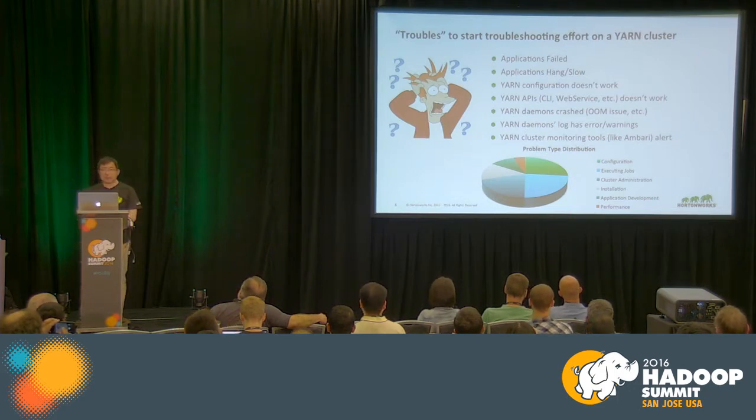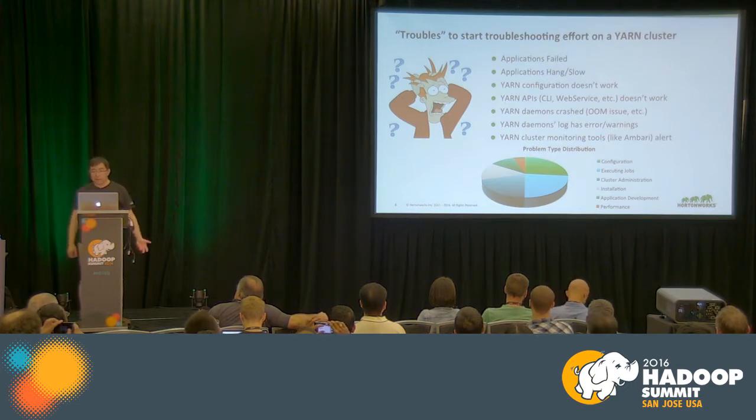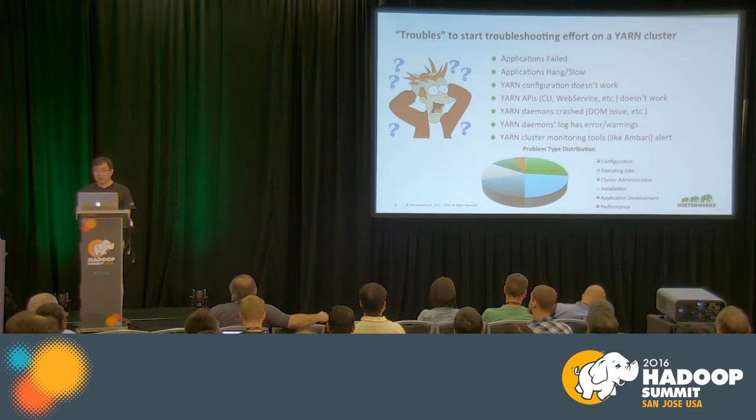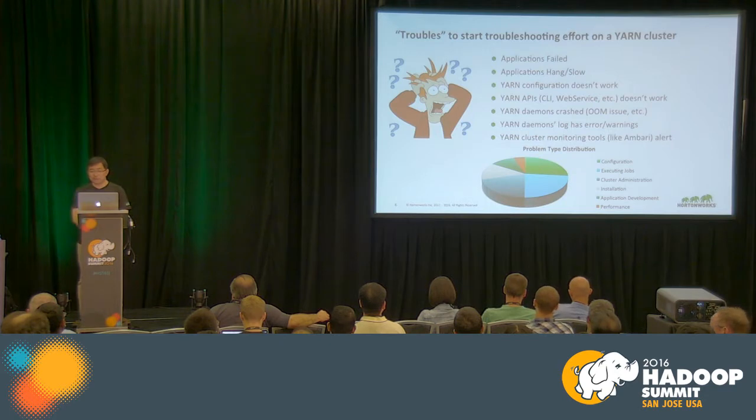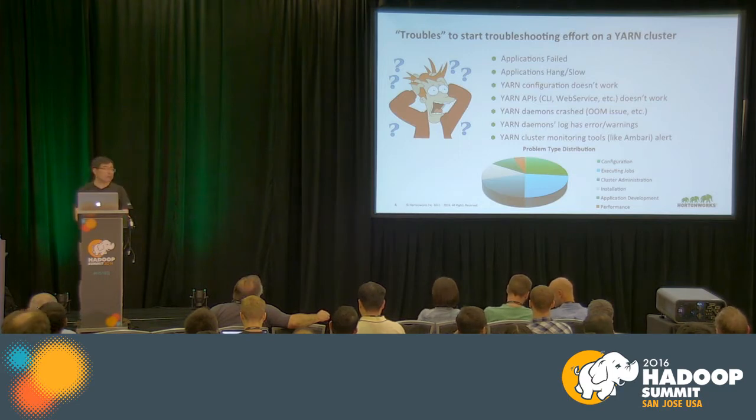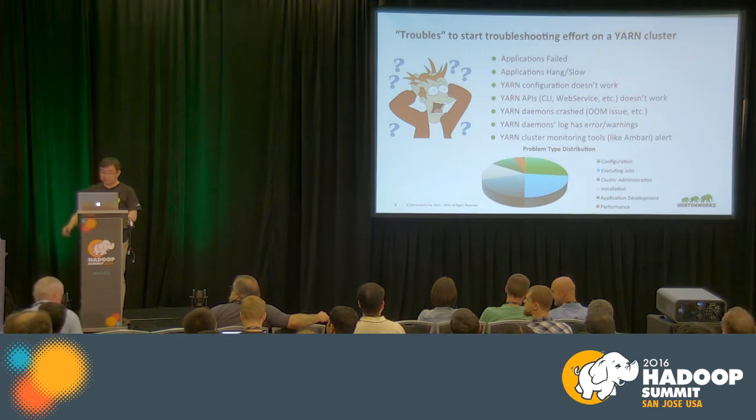In the worst case, you find the YARN daemons crash, for example due to an out of memory issue, or the logs have some warning or error messages that you are not comfortable with. Or Ambari or some other cluster monitoring tools raise an alert. In general, the problems we mostly see are due to configuration issues or job execution issues. Sometimes it's due to cluster admin or installation issues.